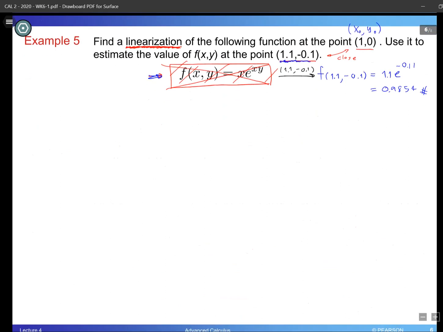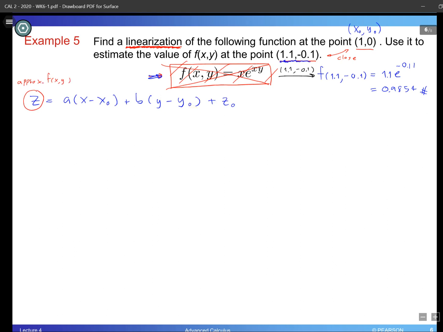I have this before: z equal to a(x minus x0) plus b(y minus y0) plus z0. And I told you that we can use this to approximate f of x, y.